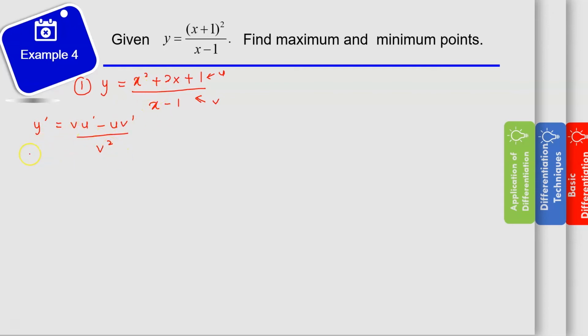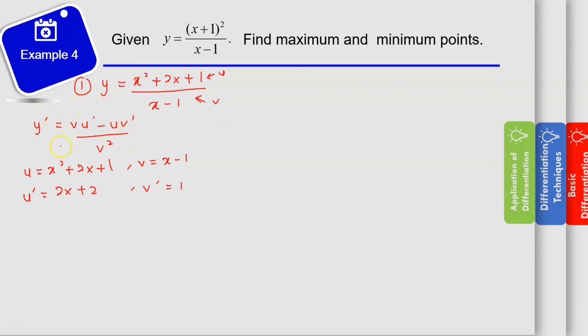So first, we have u equal to x squared plus 2x plus 1, so our u prime equals 2x plus 2. And then v is x minus 1, so our v prime equals 1.